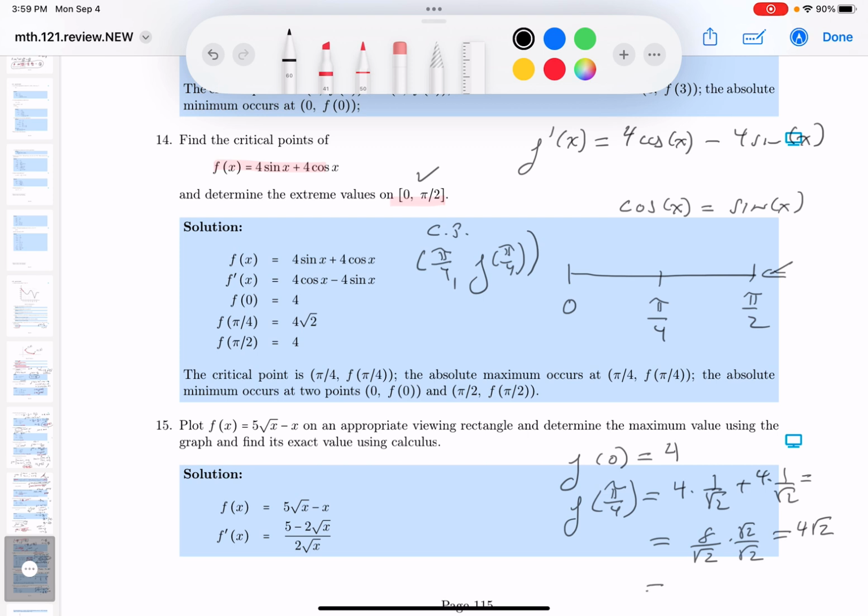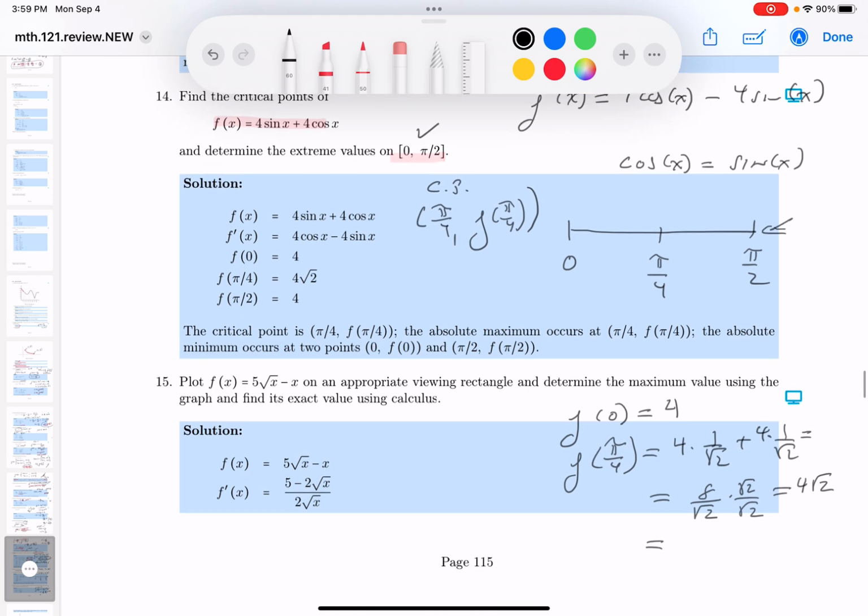I want to point out, 4 root 2, it's kind of a nasty number. I realize that. Let me make sure I did that right. Yeah, 4 root 2. Let's think about that. 4 squared would be 16, so it's root of 32. By the way, root of 32 is definitely bigger than 4. I know that much.